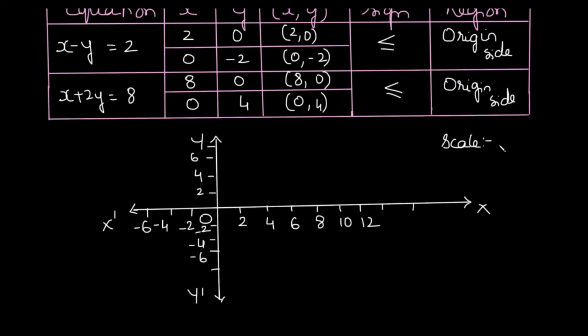Now the important part over here is the scale. The scale is not 1 centimeter equal to 1 unit on both the axes. What have you done? You have taken 1 centimeter equal to 2 units on both the axes. So it is very important to write the scale properly: 1 centimeter is equal to 2 units on both axes.